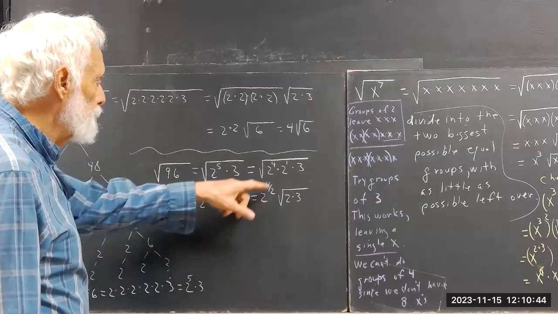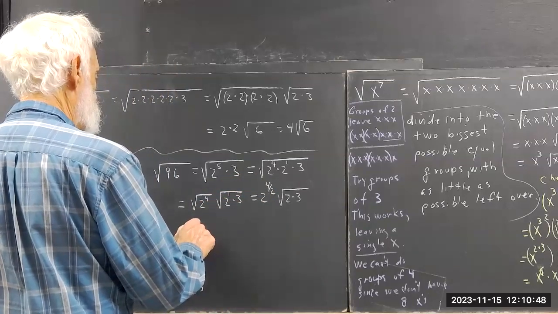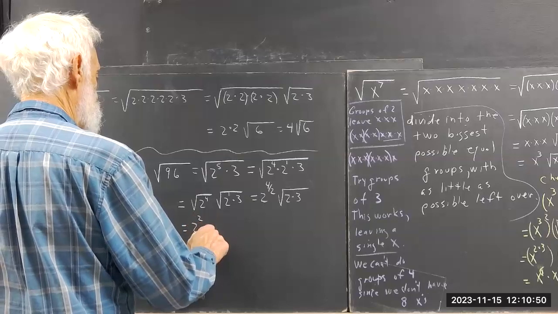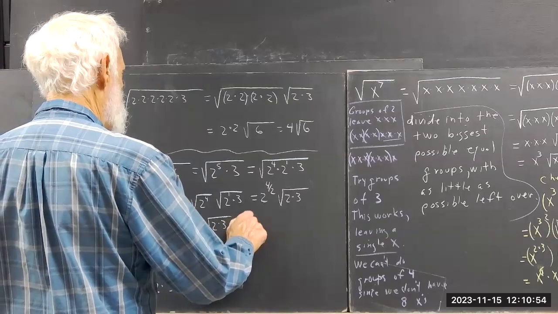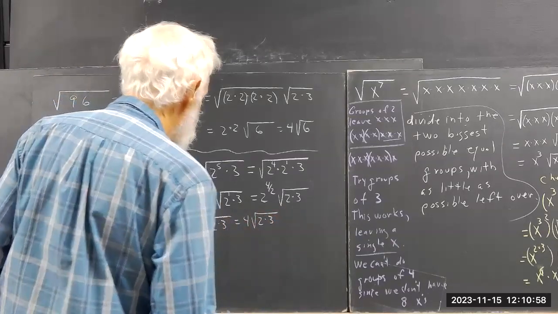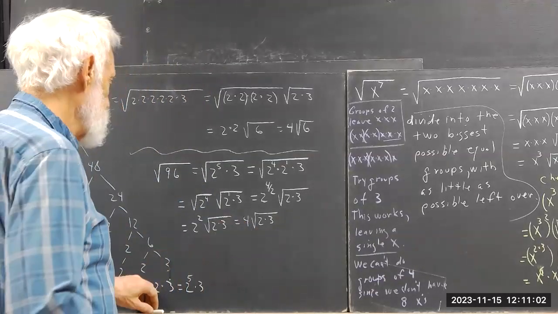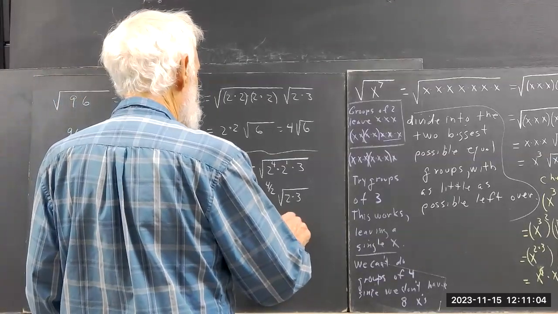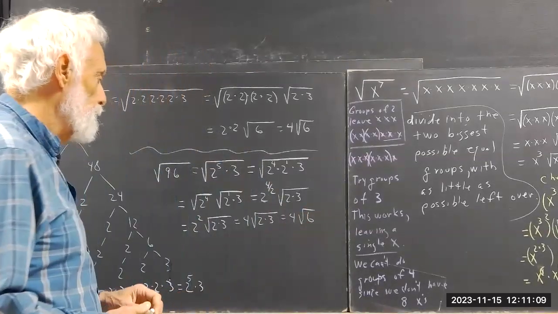So the power becomes half of 4, which is of course 2. And we get 4 times the square root of 2 times 3, or 4 times the square root of 6.